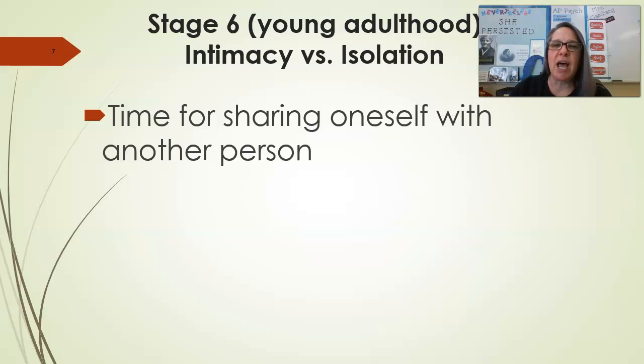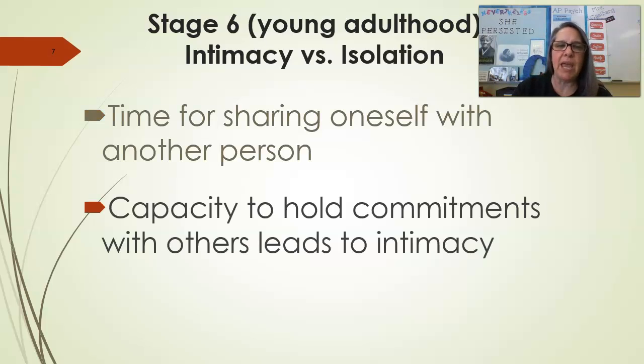So this is the time for sharing yourself 100% completely, all the good stuff, all the bad stuff with another person. If you successfully get over this issue or this crisis, if you can hold a commitment, then that leads to a sense of intimacy.